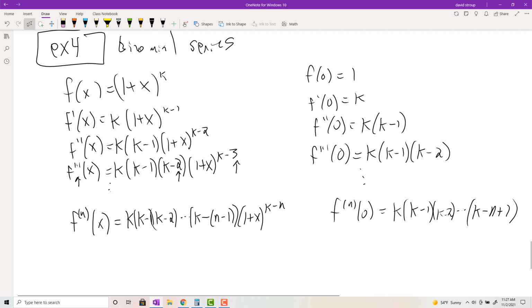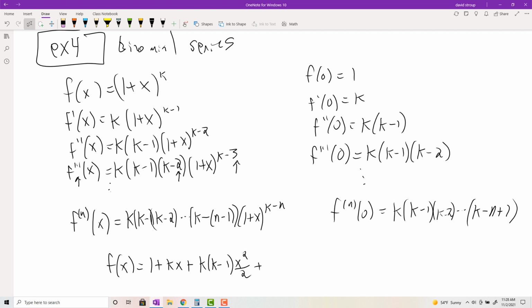So our power series representation for the binomial series is going to be 1 + kx + k(k - 1)x^2/2 + k(k - 1)(k - 2)x^3/3! + ... + k(k - 1)(k - 2)...(k - n + 1)x^n/n! + and so on.